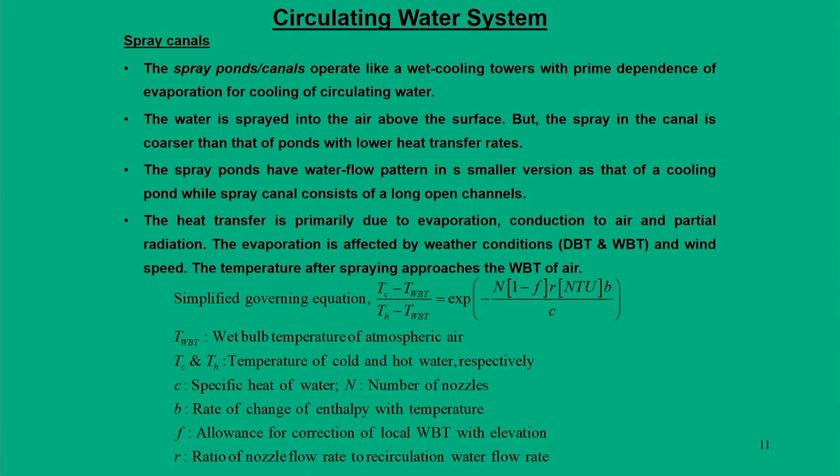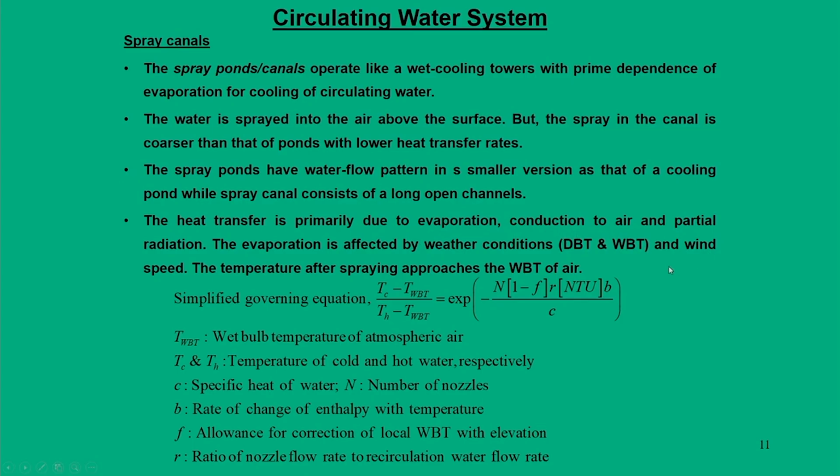The other concept is spray canals, which is similar to water cooling tower concepts. In this, water is sprayed into air above the surface, and the flow pattern is such that it goes in a channel. Through this process, heat transfer again takes place by evaporation, conduction to air, and partial radiation.